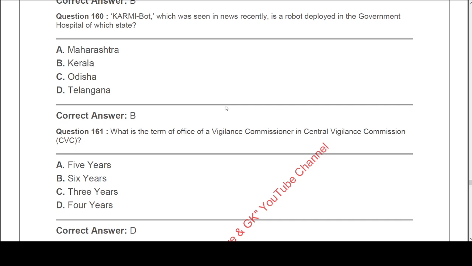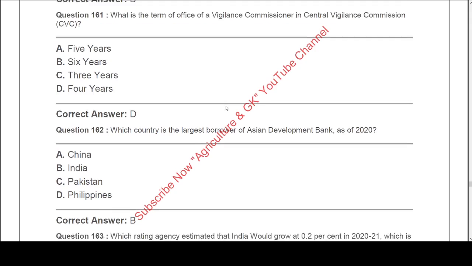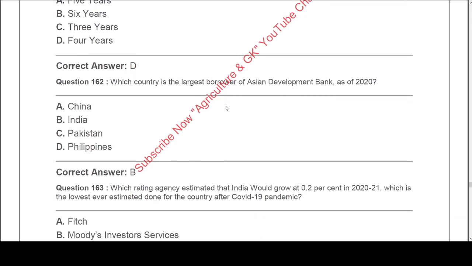It is option B, Kerala. What is the term of office of a Vigilance Commissioner in the Central Vigilance Commission? It is option D, 4 years. Which country is the largest borrower of the Asian Development Bank as of 2020? It is India. Option B.